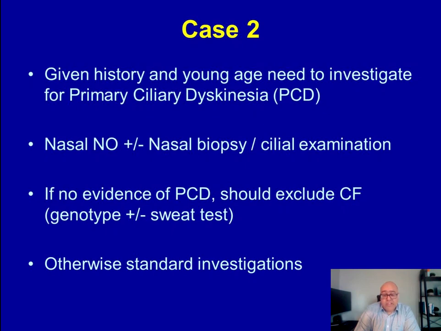It's strictly speaking more like a scraping, and that scraping provides cells which our PCD experts can then look at on slides under microscopy, and they actually look at the way that the cilia function under the microscope.